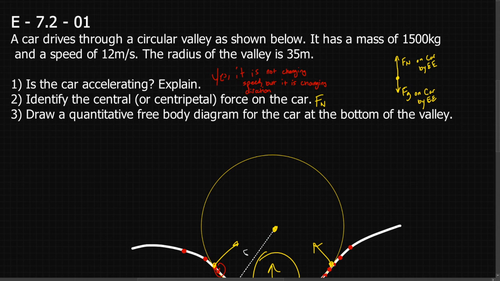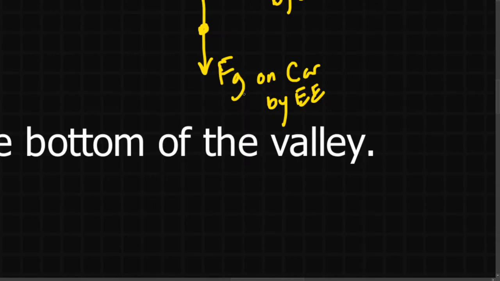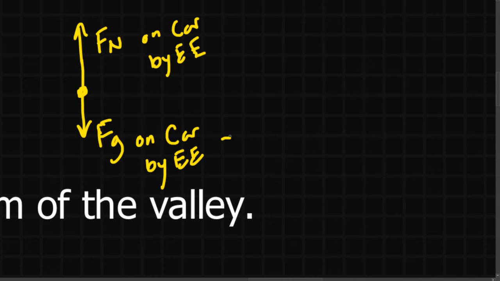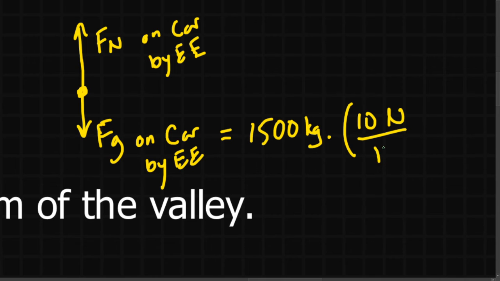So let's work this out. We have a car. We know the car is 1,500 kilograms. So we know that the size of this force of gravity will be equal to 1,500 kilograms times 10 newtons for every kilogram, which ends up getting us 15,000 newtons.